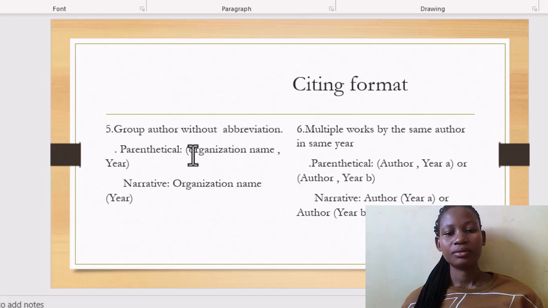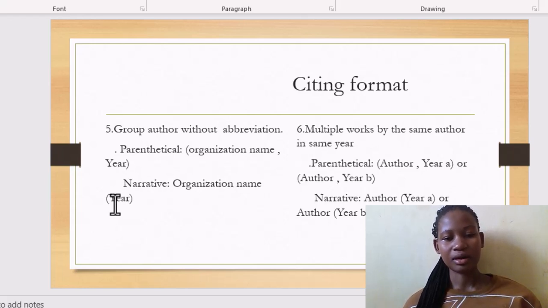So here we shall not put the organization name into an abbreviation format. We shall just write it in its full name. So we shall put the organization name into the bracket plus the year, and then for the narrative format we shall have the organization name and then the year. Only the year is always in the bracket for the narrative format.